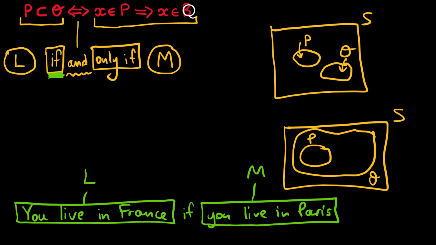So in other words, M implies L. The truth value of M implies the truth value of L. If M is true, L is true. If M is false, L is false. M is sufficient for us to conclude the value of L.